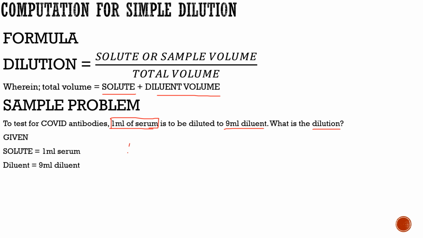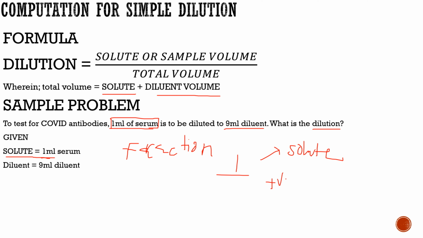So your dilution is in fraction form. And again, when it is a fraction, there is a numerator and a denominator. Your numerator, class, is the solute, in this case, 1. Your denominator is the total volume.